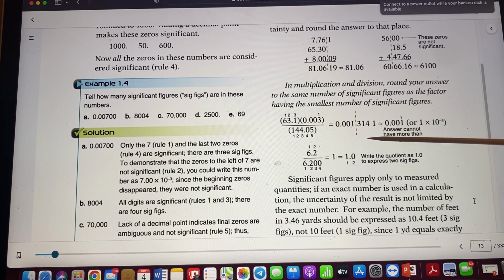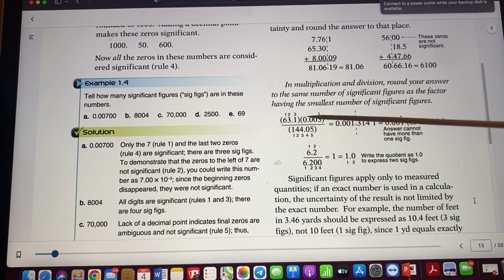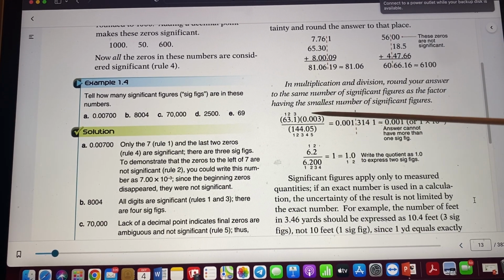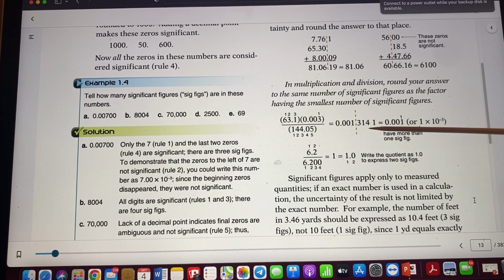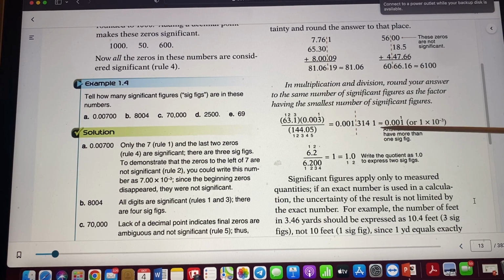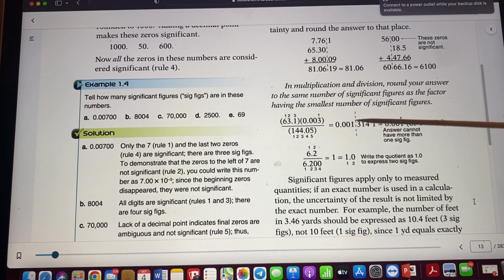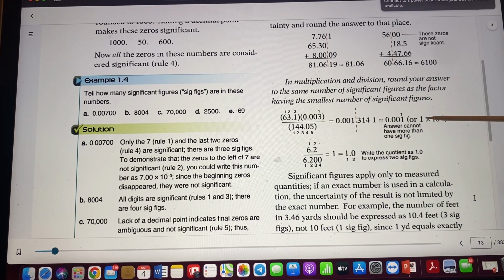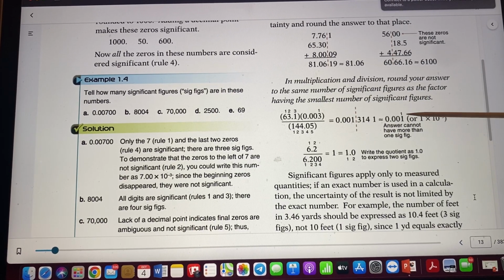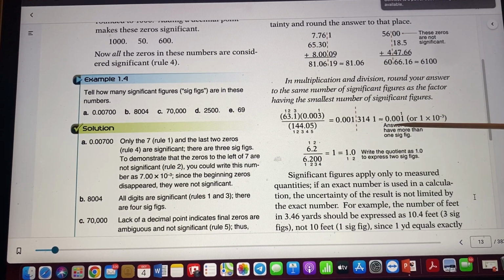The answer now cannot have more than 1 sig fig because the smallest number was this one. So we have to round this all the way to 1 sig fig. So we round it to 0.001, or 1 times 10 to the negative 3, which has 1 sig fig.